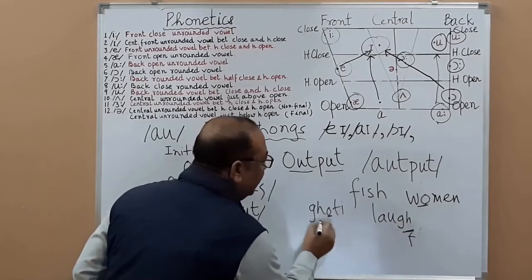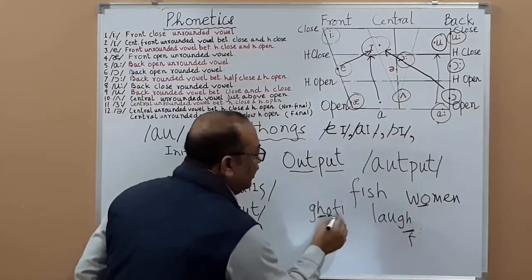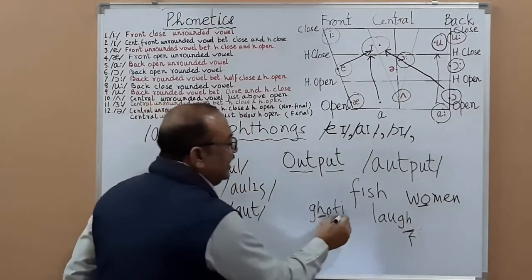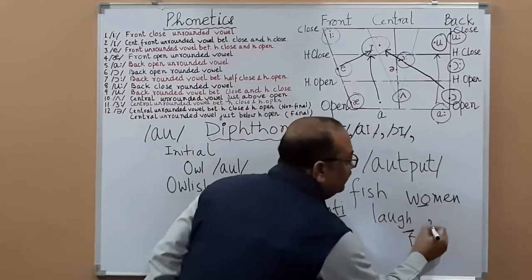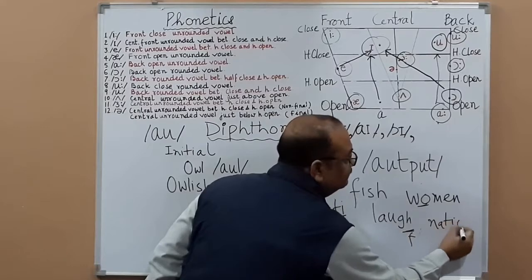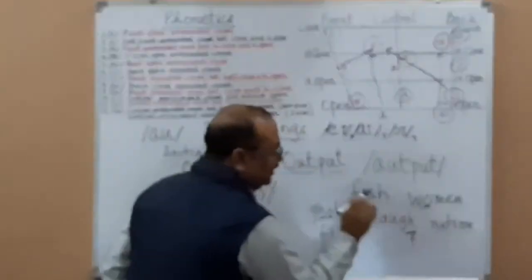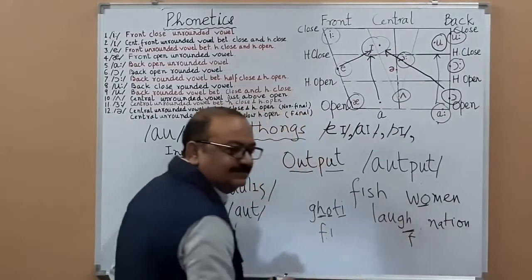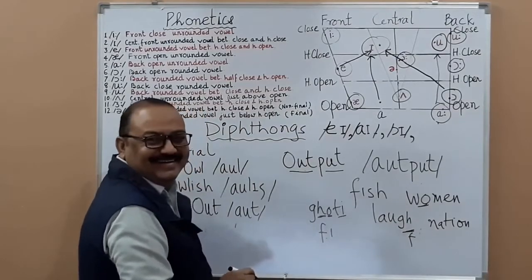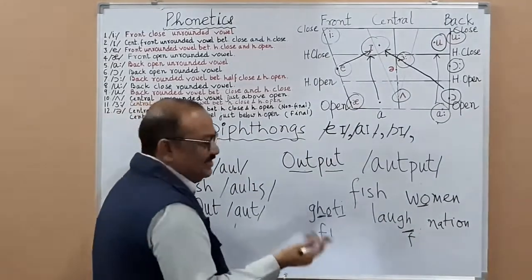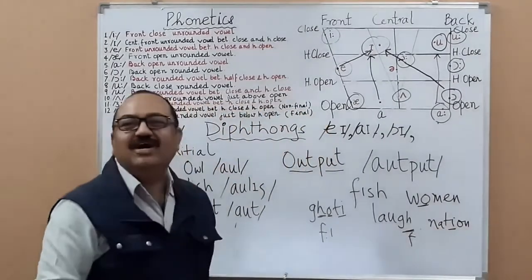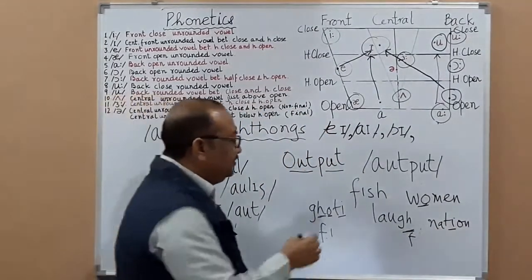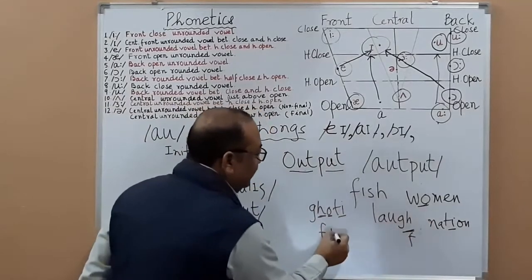This O is giving you I sound, this GH giving you F sound, and TI is giving you what? Sh sound, as you have in nation. Many find it funny. Okay. So you have Sh sound there.